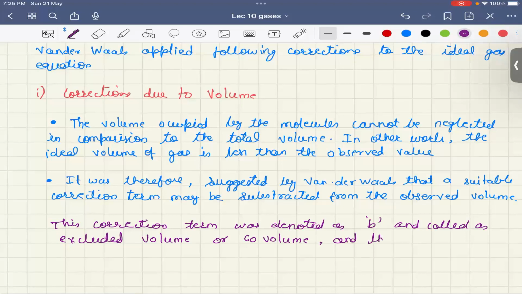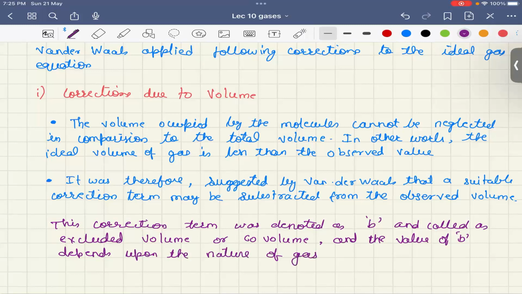The value of b depends upon the nature of the gases under consideration, right?